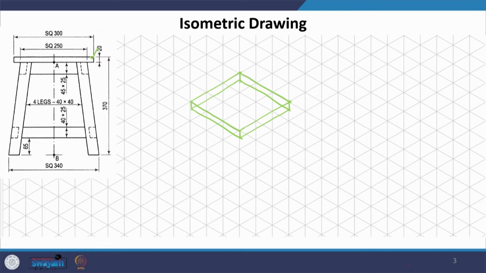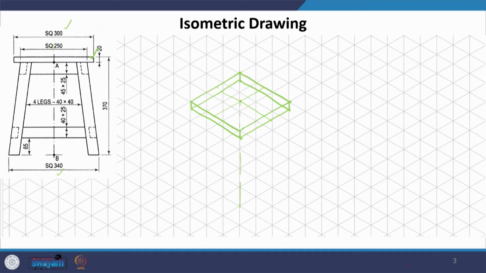Now, the legs in the top, or we could also draw the square in the bottom. This is the central axis. So, if you look at the top one, this is where the center of the top square is, and you can take it down. This was 300. I am just assuming here that this is the same 300 as it was in the top.